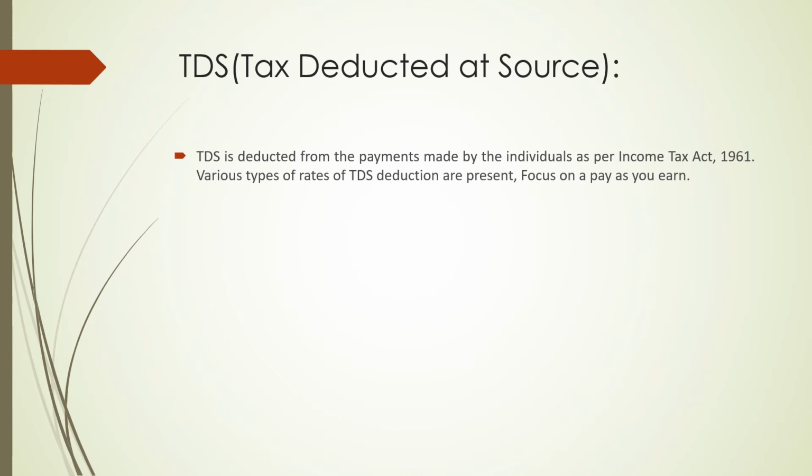According to the act, if the individual makes any payment, then from that payment the IT department will make TDS, that is tax deducted at source. Various types of rates of TDS deduction are present. Focus on pay as you earn. If you earn, then you need to pay tax on your income. That is what he is saying here.